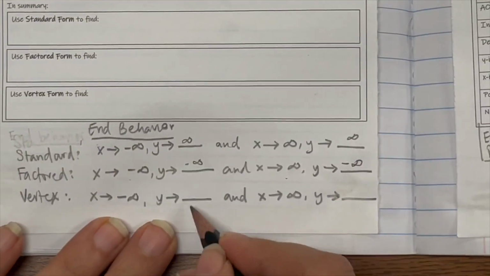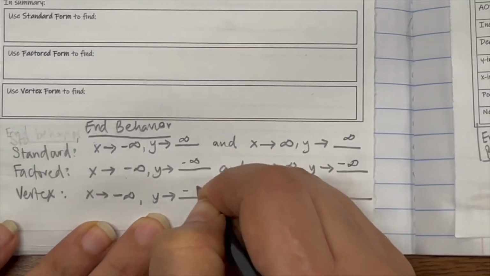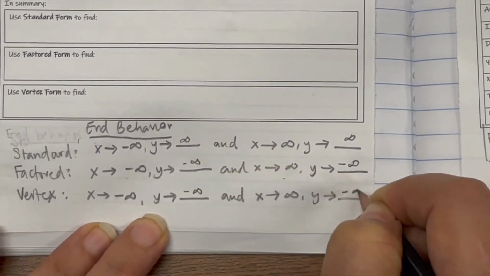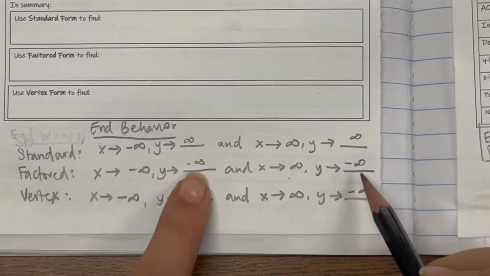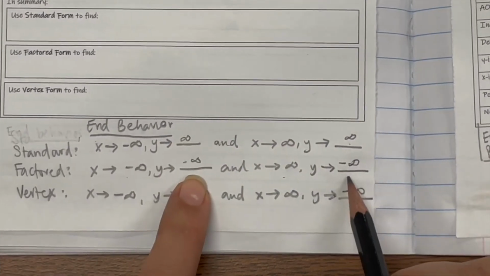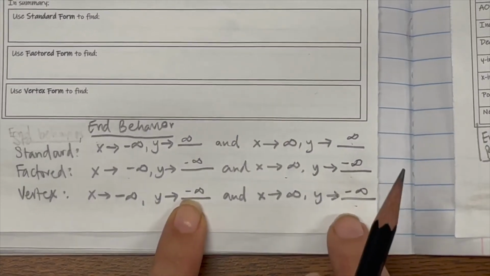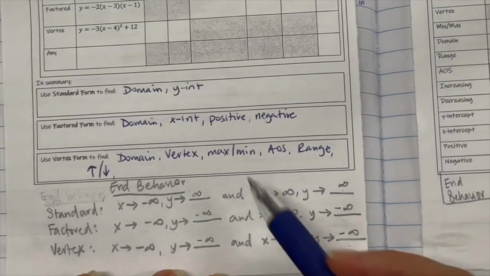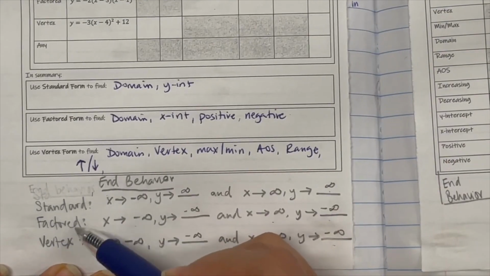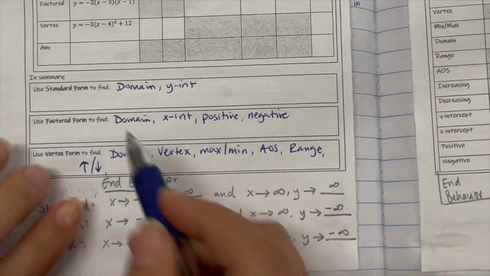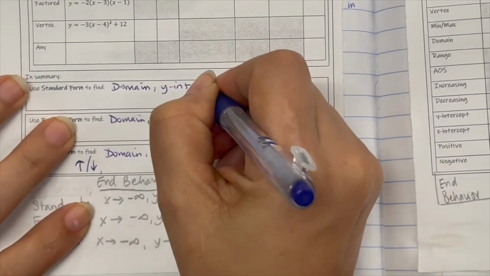So whether you're going to the left or to the right, you are going to negative infinity. Only for quadratics is this going to be the same, like infinity, infinity, negative infinity, negative infinity, and negative infinity, negative infinity. Those have to be the same for quadratics. Okay, so that means no matter what form, standard, factored, or vertex, we can find the end behavior. So add end behavior on each of these.